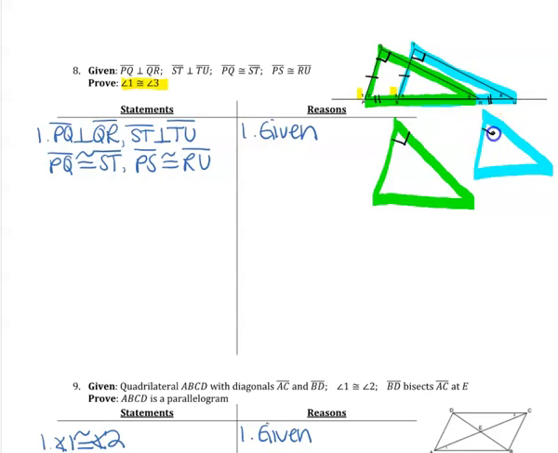These are supposed to be right angles, but it is what it is. So P, R, Q, S, U, T, Q, P, and T, S. Okay, now with that overlapping triangle situation, I'm noticing that PS is congruent to RU, but they're overlapping here at SR, which means if I can add these segments together, that gives me a whole other side, which would give me PR congruent to SU.